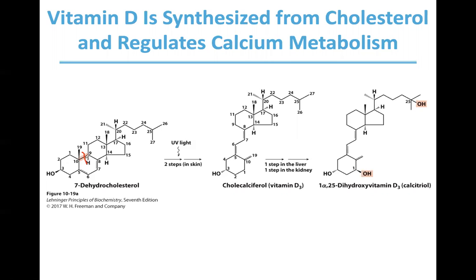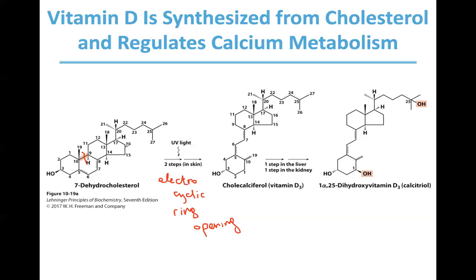This type of reaction is known as electrocyclic ring opening. That gives another step. There will be double bond migration that gives rise to this ring open structure, and then a couple of hydroxylations in other parts.